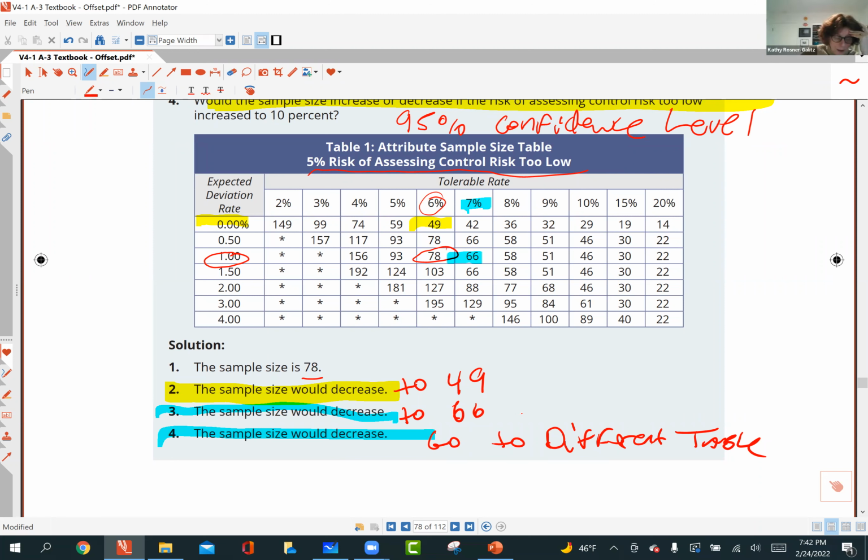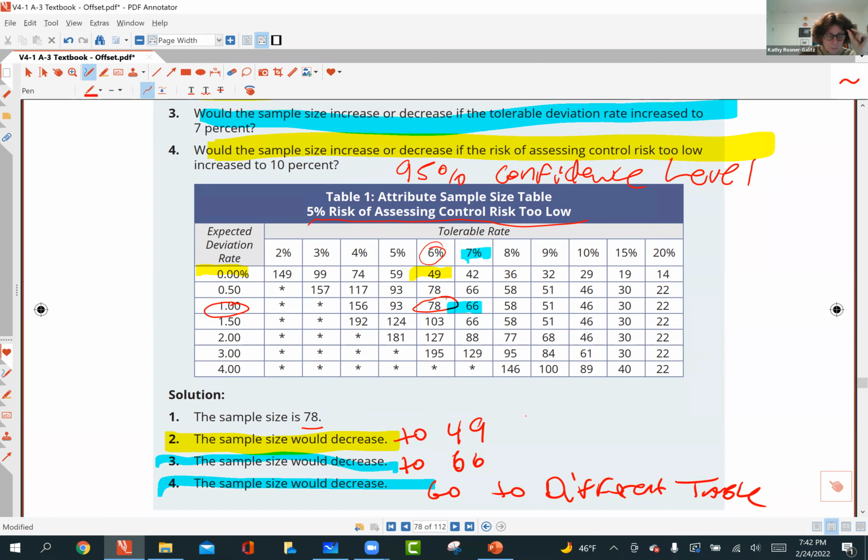Okay, I think I was just thrown by the fact that it's increased to 10%. Okay, there's a thing called confidence level, okay? And you take 100 minus the chance that you'll be wrong.